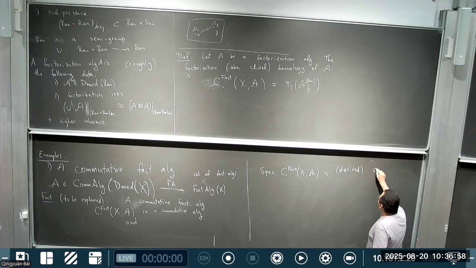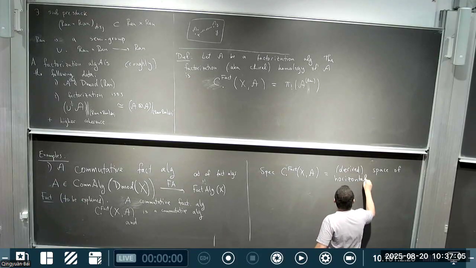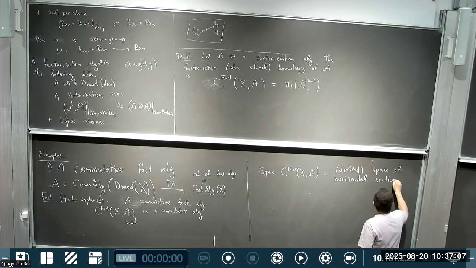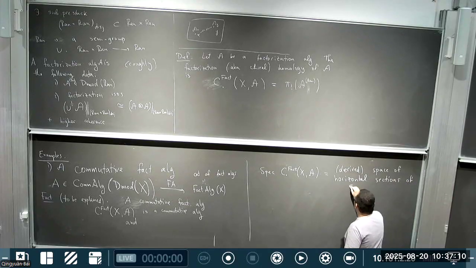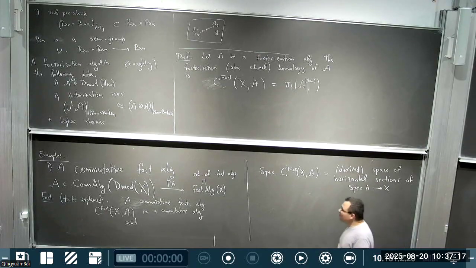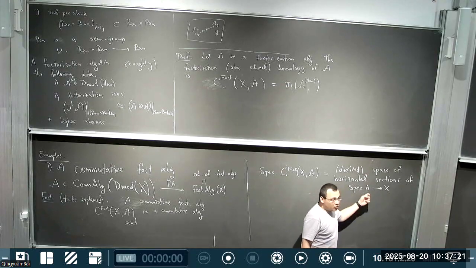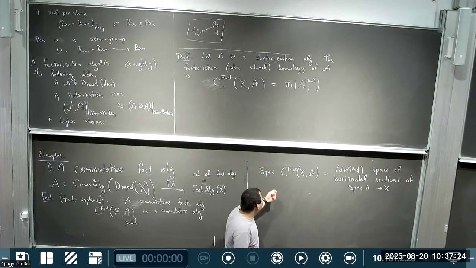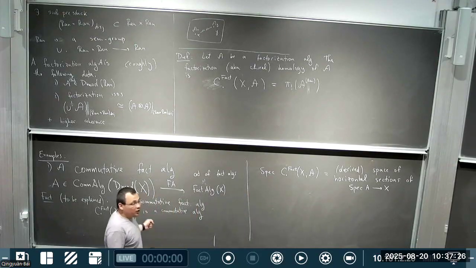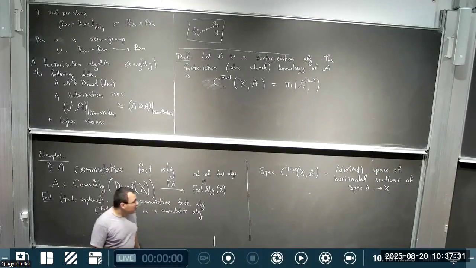It is the space of horizontal sections of spec A living over X. So spec A over X is an affine scheme together with a connection. We can look at the scheme of sections which are horizontal with respect to that connection, and the assertion is that this is the spectrum of the chiral homology of the corresponding commutative factorization algebra.